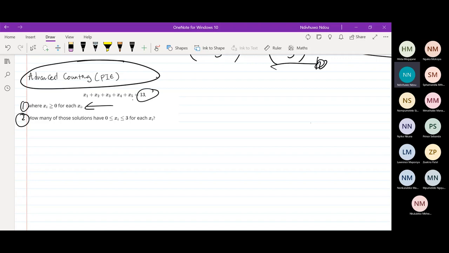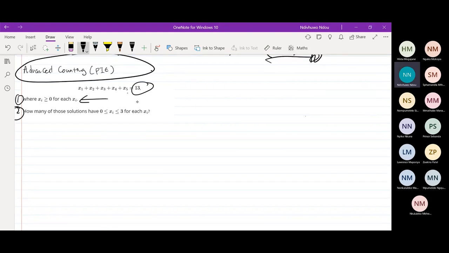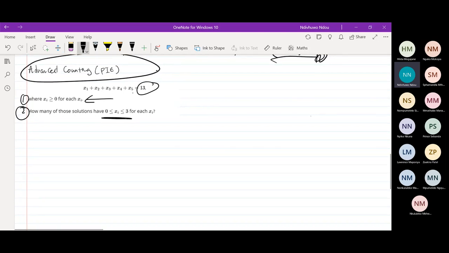But now it's quite advanced because we are using the principle of inclusion and exclusion to get the answer. How many of those solutions have their xi between 0 and 3 for each xi? So they're saying those that are between 0 and 3.